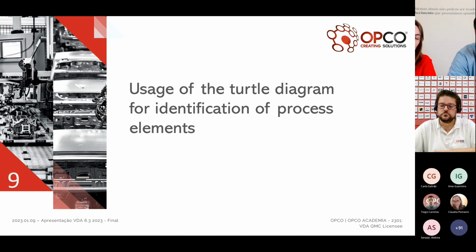And this tool helps us during the audits to identify risks and deviations between processes, for example. So this approach does not change anything. We keep using this turtle diagram to help us with our audits, to prepare the audits, and even to exercise during the training.